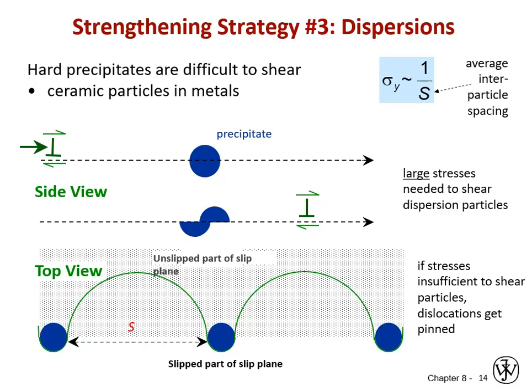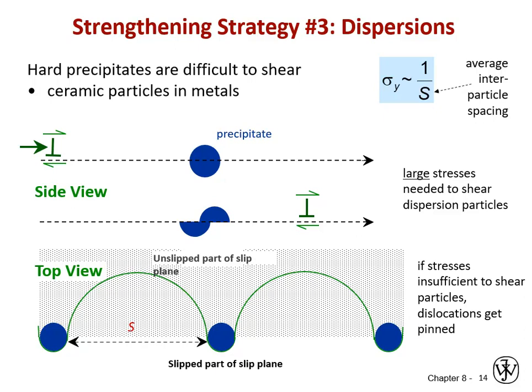If you don't have enough stress to shear through your precipitate, which is probably good because it means you chose the right one, the dislocation can actually bow around it. That also takes more energy, and there are a limited number of dislocations that can now come through and continue to bow around. So this is called dislocation pinning.